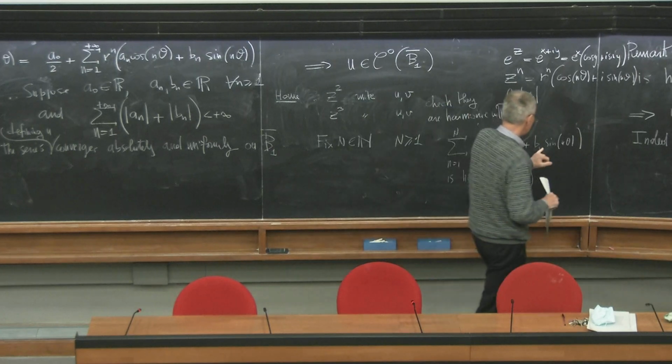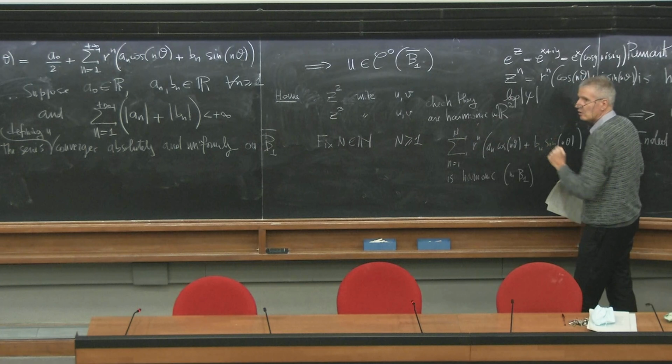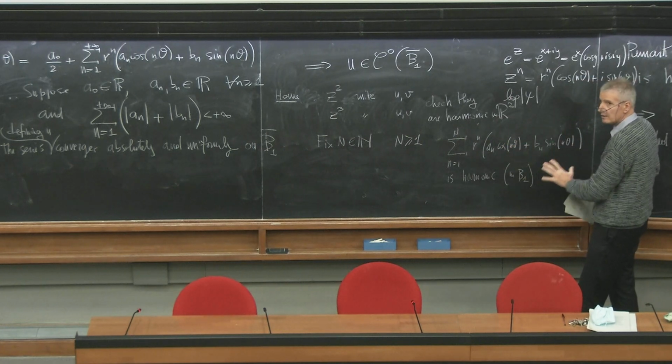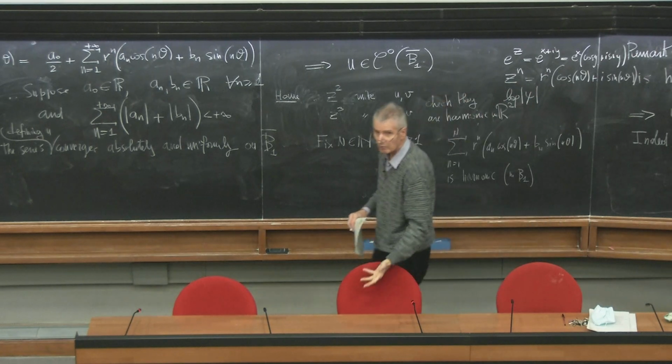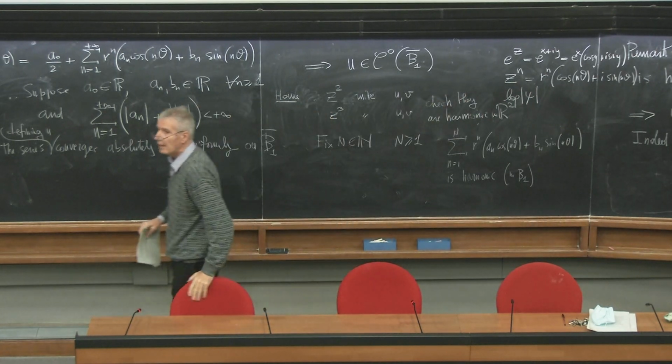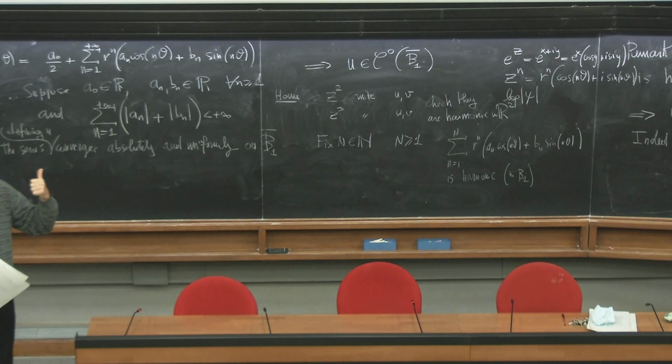But just to motivate this, u is the limit as capital N goes to plus infinity of these objects. Each of these is harmonic and the convergence is uniform. Under these assumptions, it is possible to show that u, the uniform limit, is harmonic in B1.